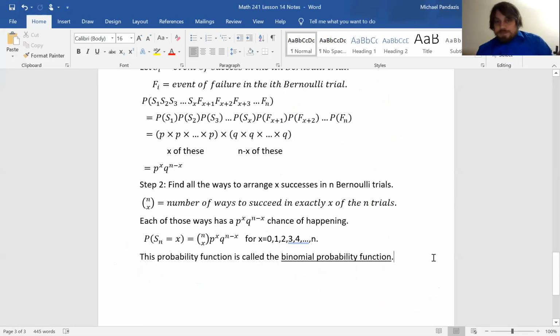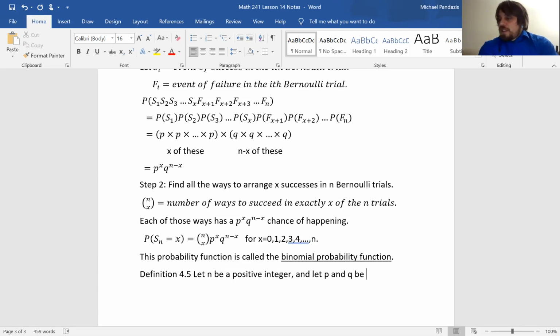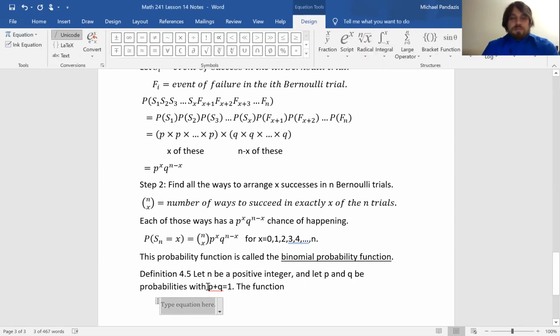Okay, definition 4.5. Let little n be a positive integer, and let P and Q be probabilities with P plus Q equal to 1.